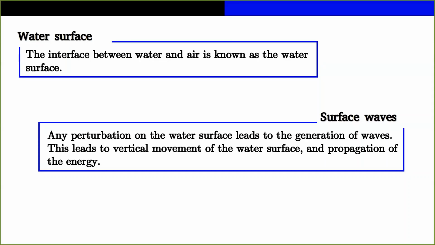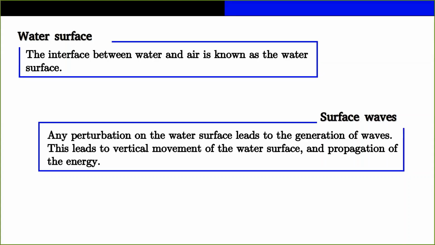So what about the surface waves? What are the waves that I think you have seen yesterday in some lectures? The surface waves or gravity waves. When we want to define them, we think about the pressure and the waves. When we have any perturbation on the water surface, we have waves that are generated. And what are these waves?